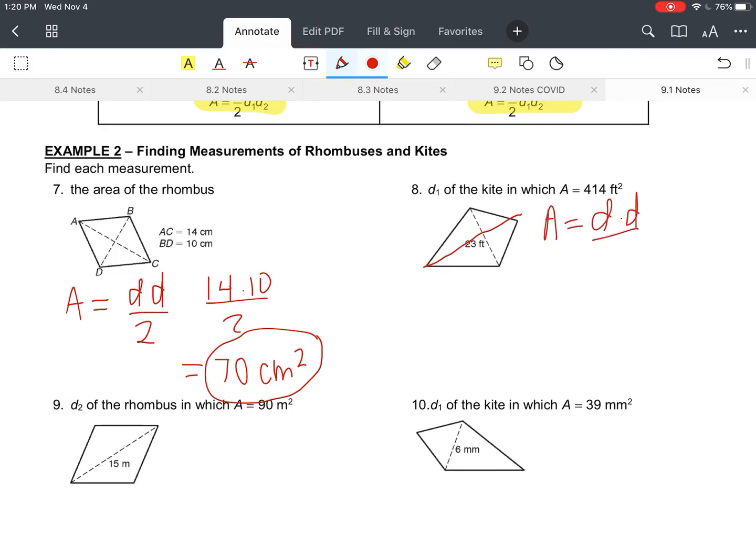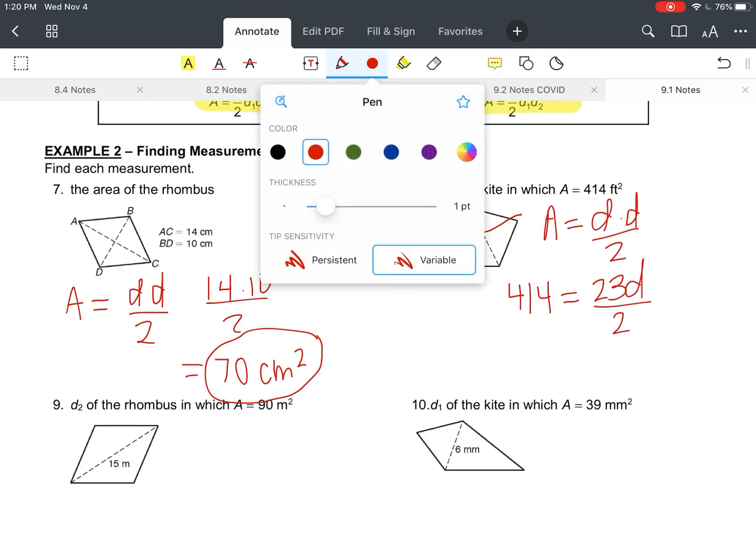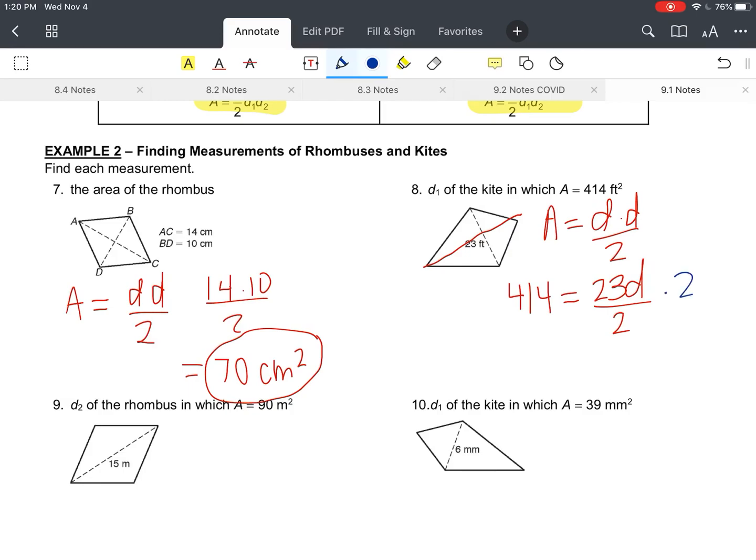For number 8, they want me to find D1, so I'm finding my other diagonal. Again, the area formula I'm substituting in is D times D divided by 2. Substituting in 414 for area. One of my D's, it doesn't matter, is 23. The other one I don't know. And dividing by 2.